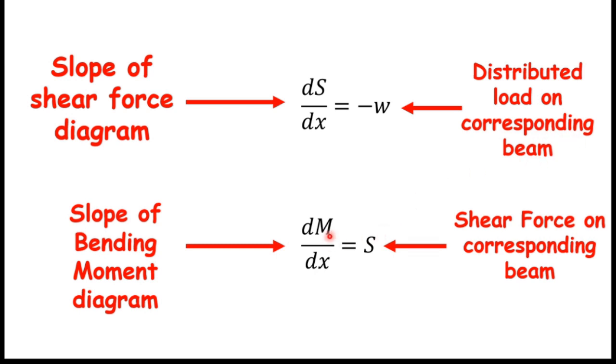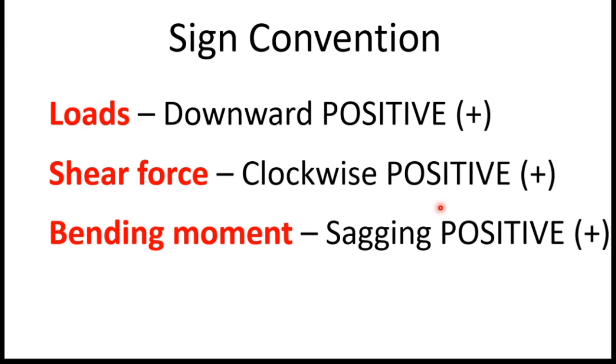And then dm over dx means slope of bending moment diagram, and this capital S means shear force on corresponding beam. We will see in calculations. So these are the meanings of these notations. Sign convention: I will use loads downward positive and shear force clockwise positive. Finally bending moment sagging positive.